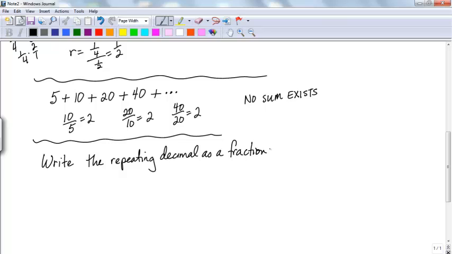Remember, everything has to be in reduced form for your fractions, so they want it in lowest terms. And let's say I give you the decimal 0.4, and the bar above it means it's repeating. What I like to do is show it repeating at least 3 times, and then you do need the 3 dots to show that it continues on.